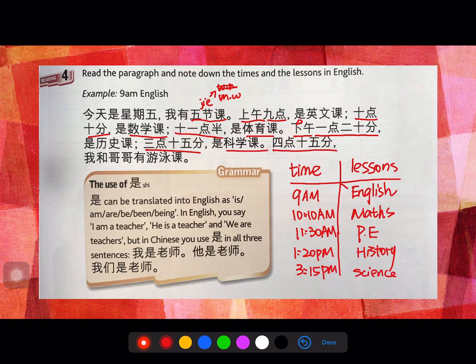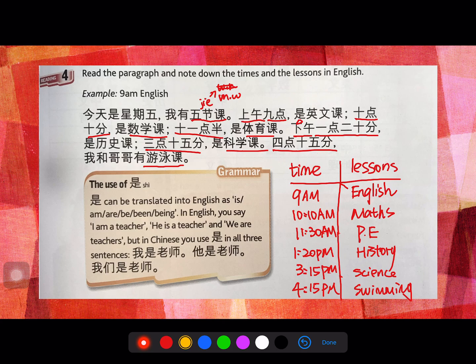And then 4点15分 4:15 我和哥哥有游泳课 We've got swimming lesson, me and my brother. Okay, that's the answers.